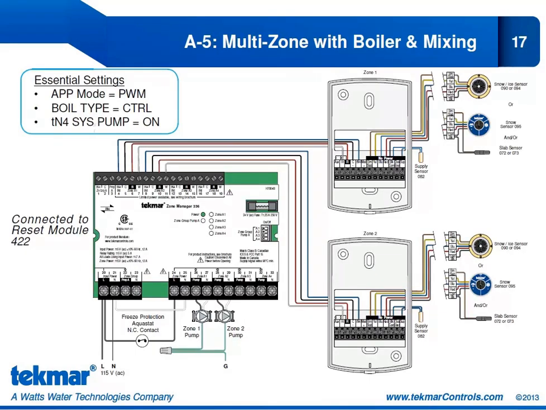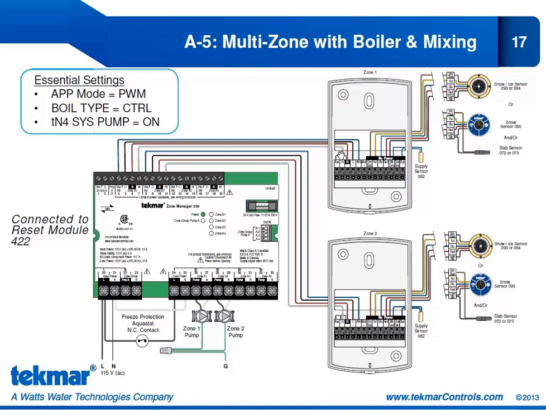Here's the electrical diagram for application 5. We have our 2 654s, zone 1 and zone 2. Zone 1 654 is connected to zone A1 on our zone manager 336. So we have TN4, C, and R from our 336 coming to TN4, C, and R on the 654.